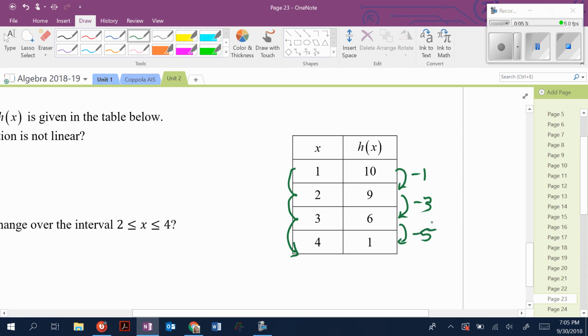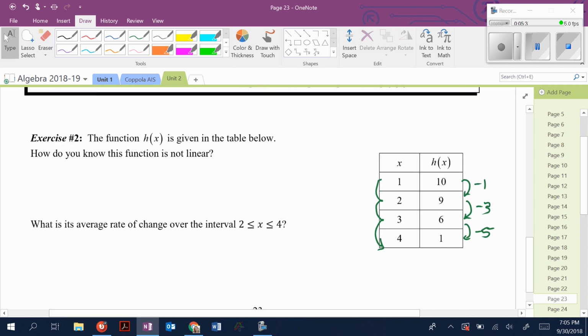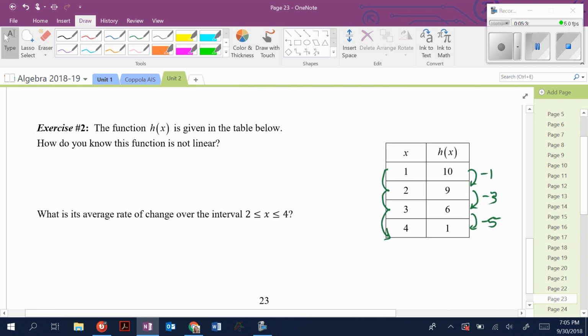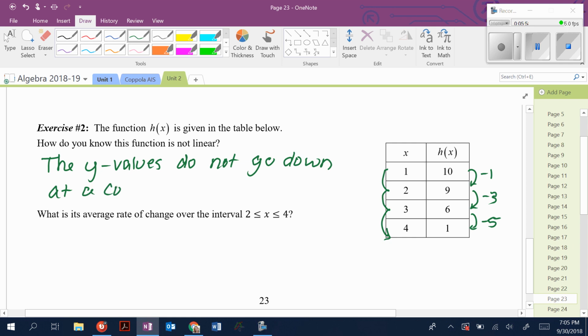This is definitely not linear because the y values do not go down at a constant rate, when the x values do.